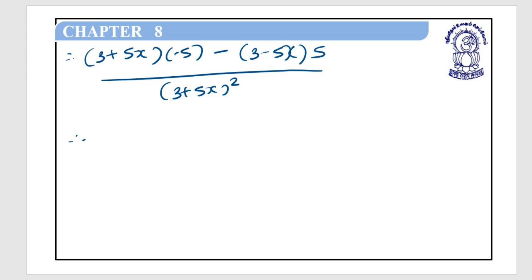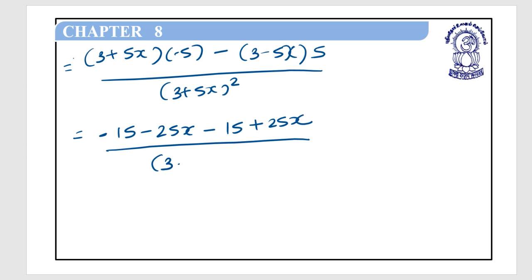So here minus 5 3s are 15, minus 5 5s are 25x, minus 5 3s are 15, minus minus plus 25x upon 3 plus 5x whole square.